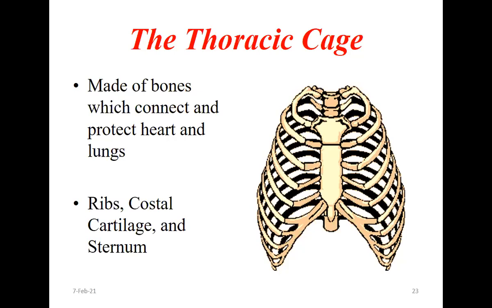So as I said, the thoracic cage is made up of the ribs. These are the 12 pairs of ribs. Then in the front we have the costal cartilage and the sternum, and behind there will be the vertebrae.